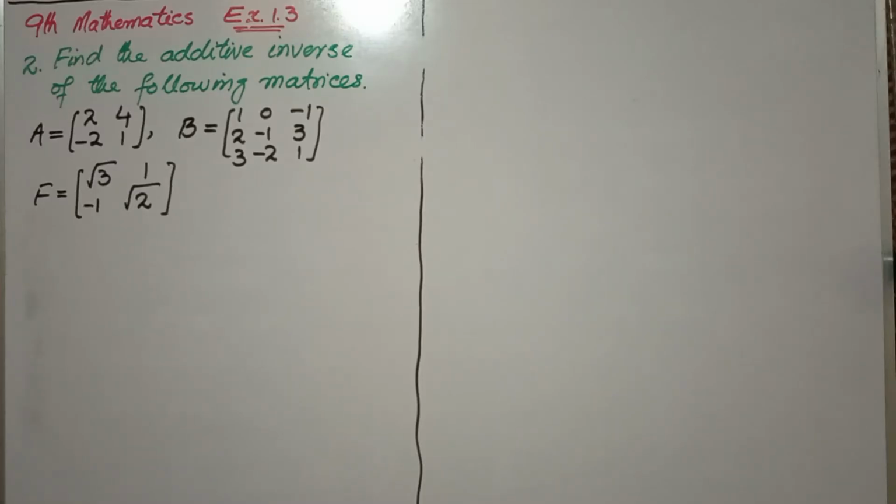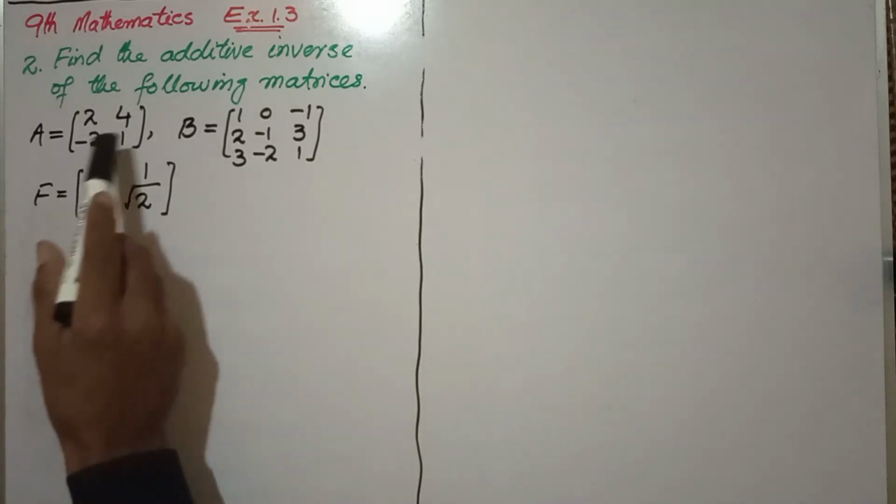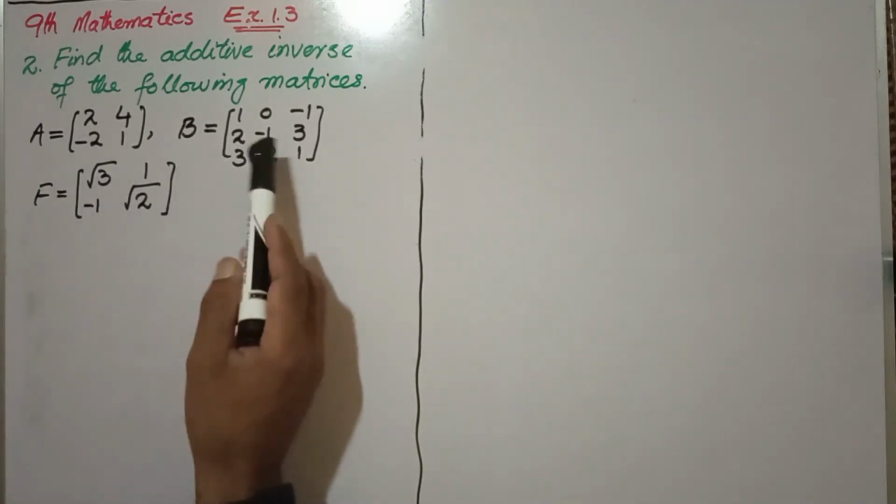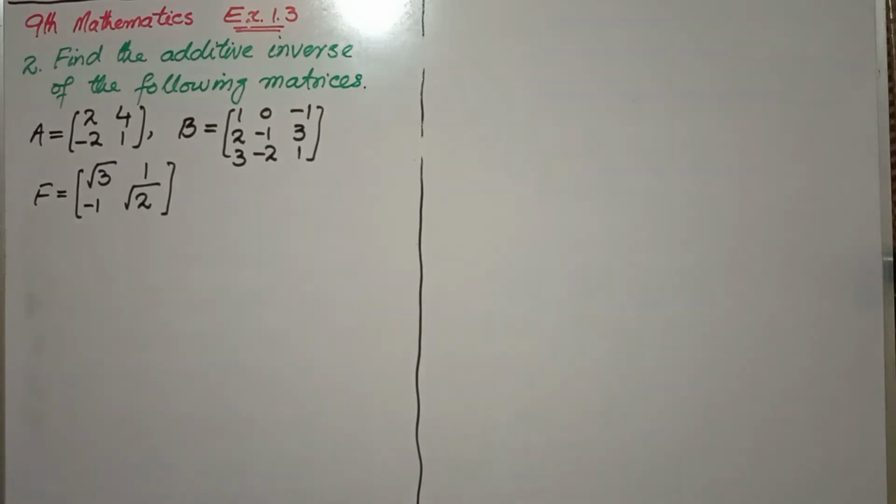Next, we solve the second question, in which we have to find the additive inverse of the following matrices. For example, the matrix A is given as 2, 4, minus 2, 1. B is given by 1, 0, minus 1, and so on.